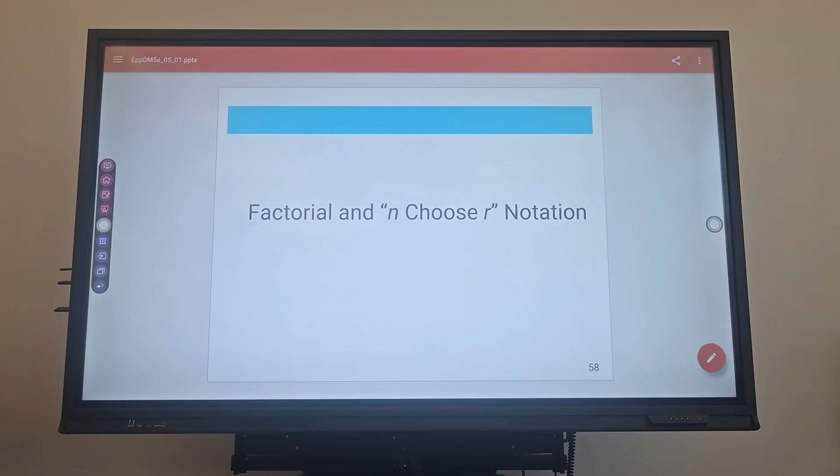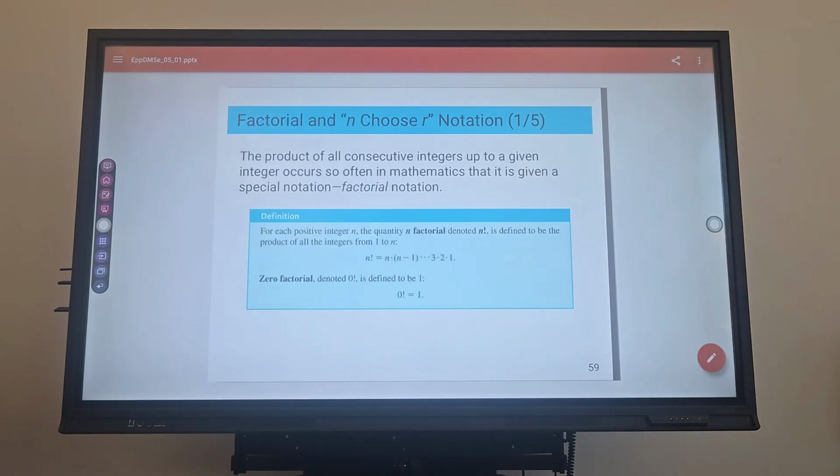Factorial and n choose r notation. The product of all consecutive integers up to a given integer occurs so often in mathematics that it is given a special notation, factorial. For each positive integer n, the quantity n factorial, denoted n exclamation point, is defined to be the product of all integers from 1 to n.